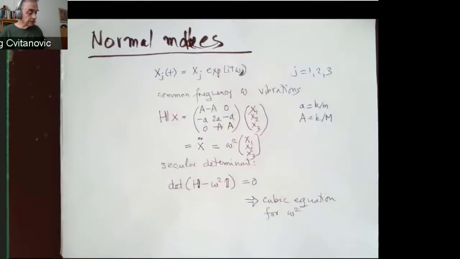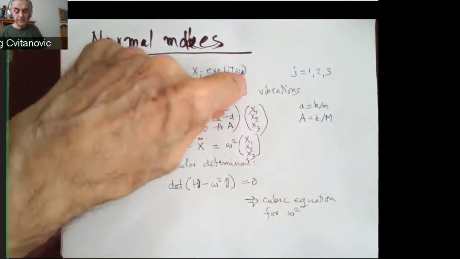And the secular determinant of this equation, H minus omega squared, set to zero, will give me the eigenfrequencies of such a system.